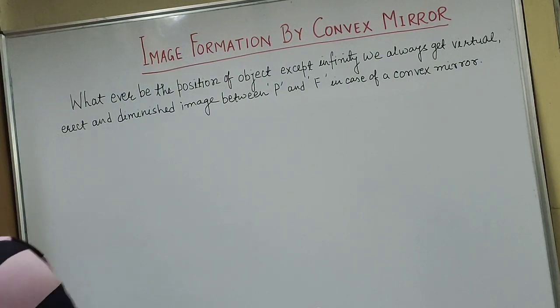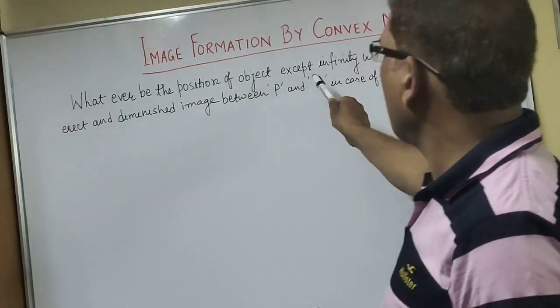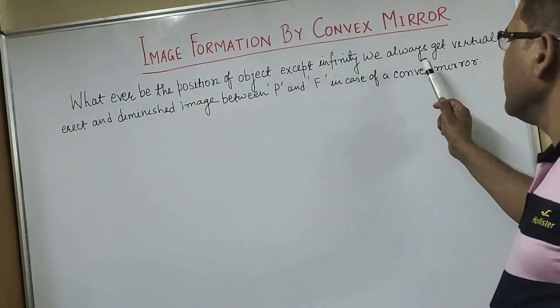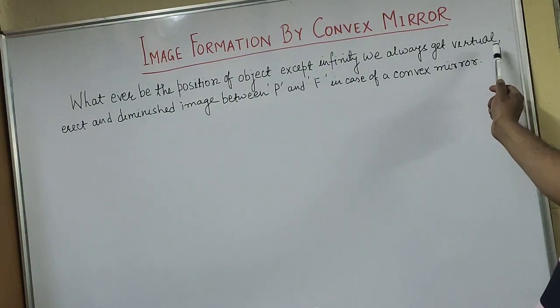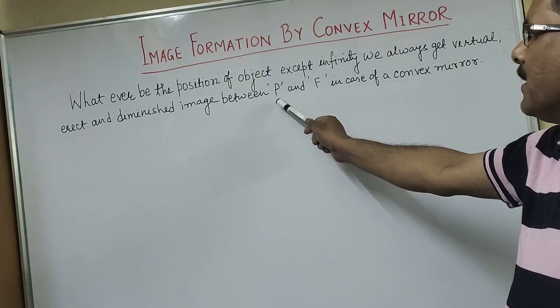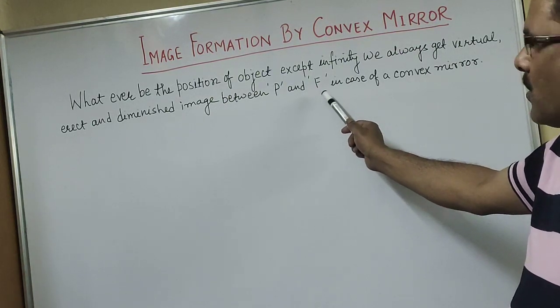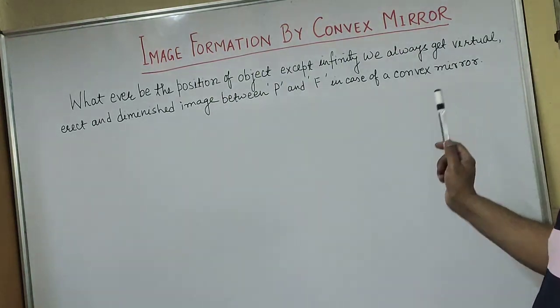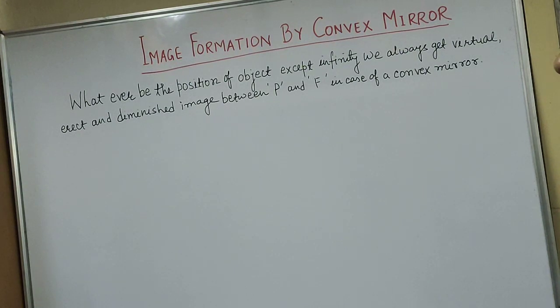I have written that whatever be the position of the object except infinity, we always get a virtual, erect and diminished image between pole and principal focus in case of a convex mirror. So this is a very important point.